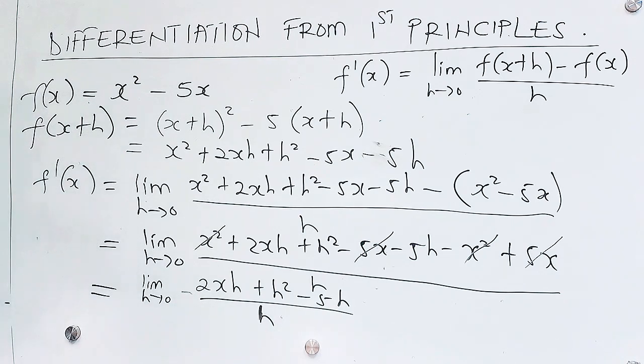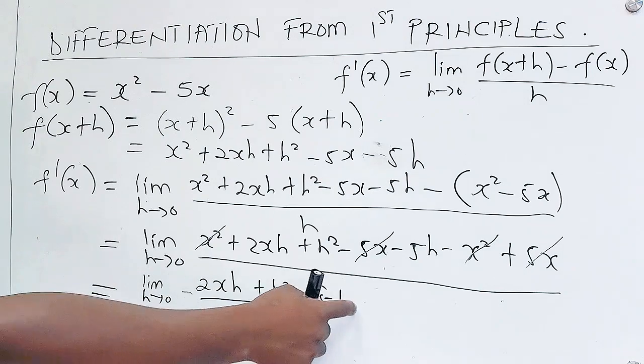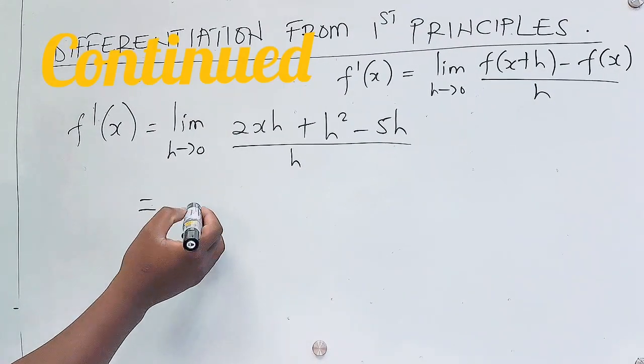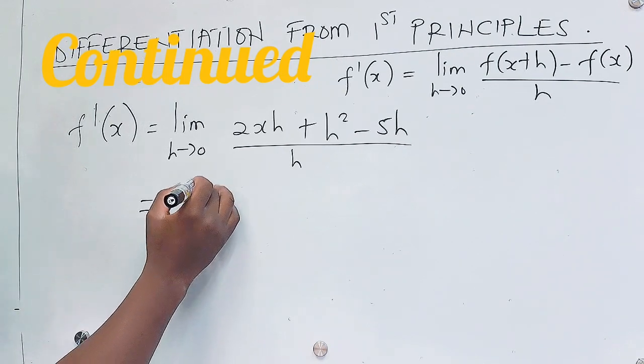Then now we can see we have a common factor, so we have to factorize h on the numerator. So our common factor is h, so we factor it out.